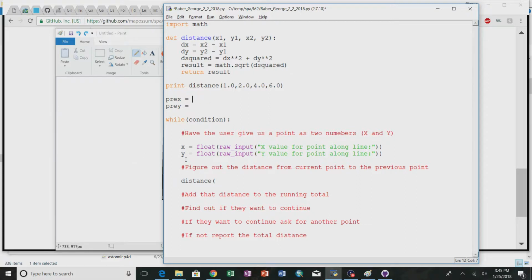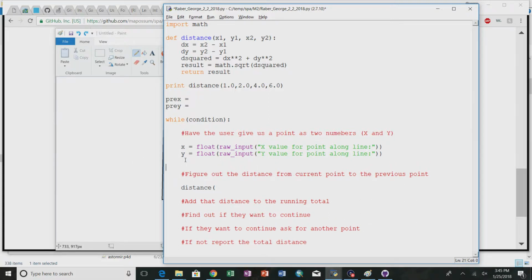So in both of those scenarios, we need to put a condition, test if there is a previous x and y.